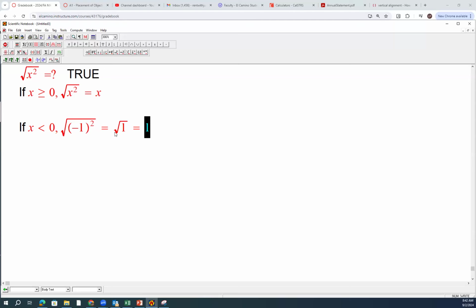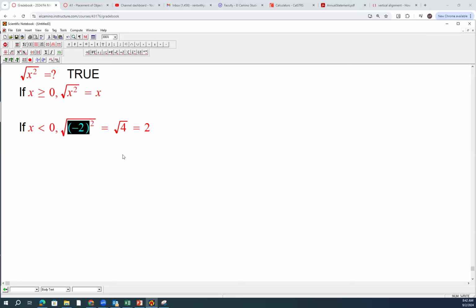So the result is opposite to -1. If we have -2, this is going to be 4, and it's going to be 2. And the result is opposite to -2. And we continuously try this, and we find the same pattern.